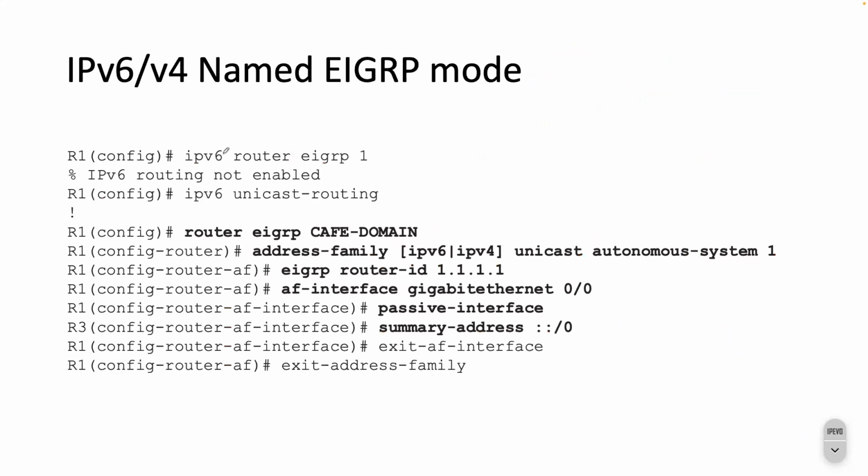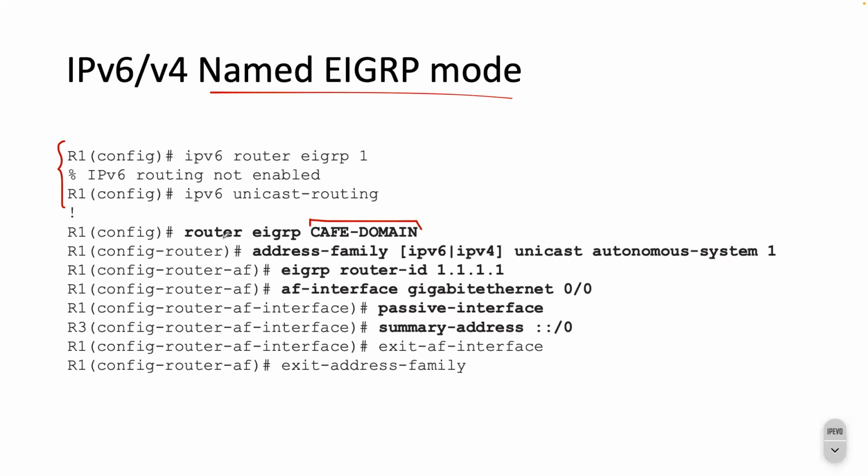So in named mode, this is a newer EIGRP mode. In case of IPv6 addressing, you need to enable IPv6 unicast routing. This is the same for both classic as well as named mode. However, in named mode, you can give a name instead of the ASN number.